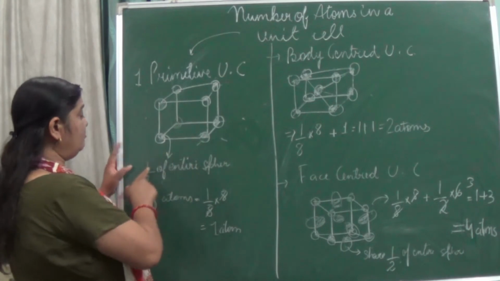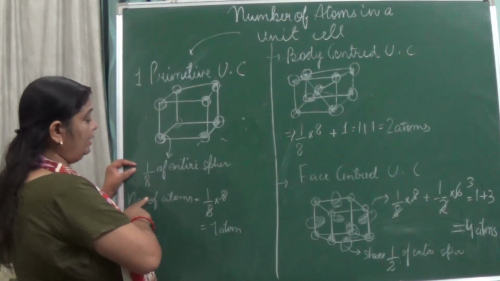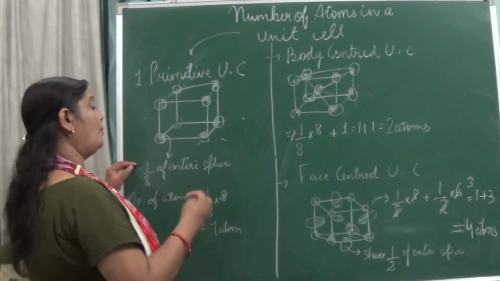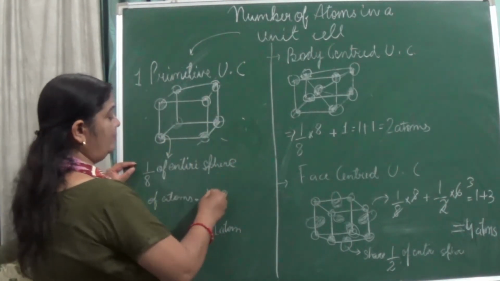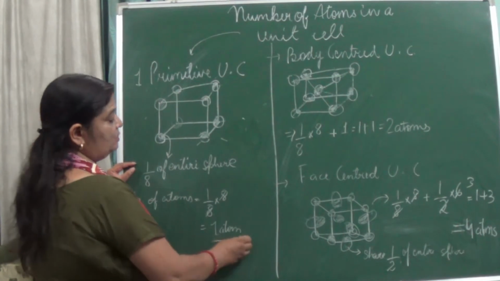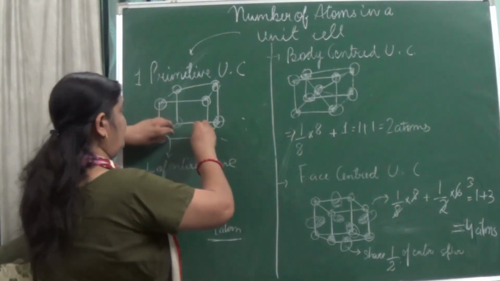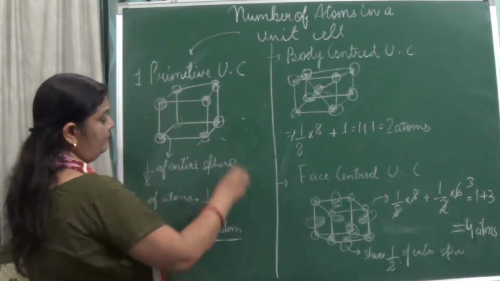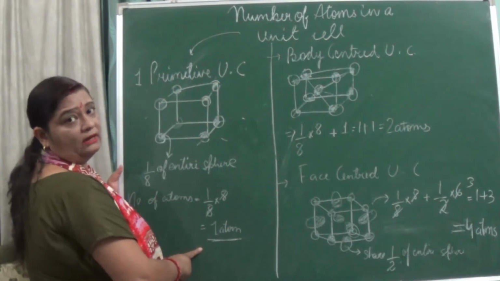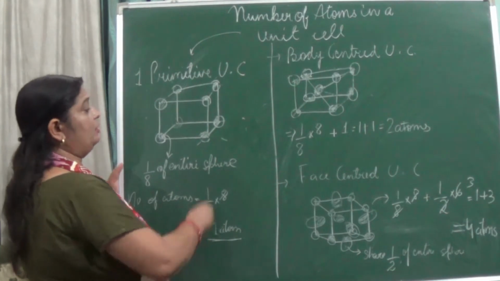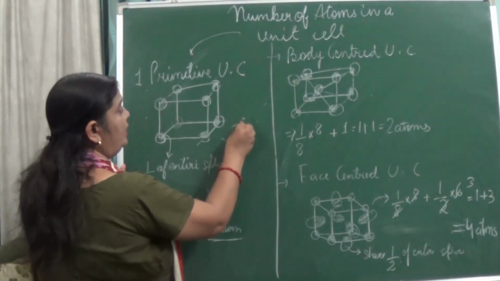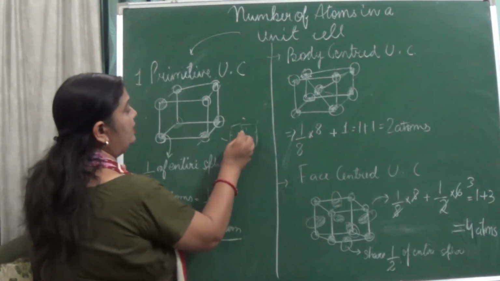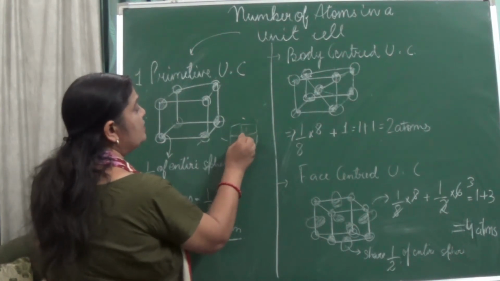So here it will become 1 upon 8. And how many atoms are present over here? That is 8. So 1 upon 8 into 8 becomes what? 1 atom. So if we see only this portion, only 1 atom will be present, because it is joined to other lattices.